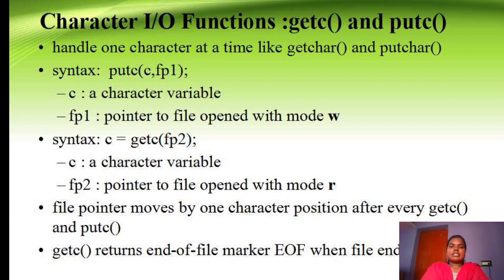Next, let us see the syntax of getc, that is c is equal to getc(fp2). Here c is a character variable and fp2 is the pointer variable to a file opened with read mode. The file pointer moves by one character position after every getc and putc. So both are used for reading and writing the files. getc returns end of file when the end of the file is reached.